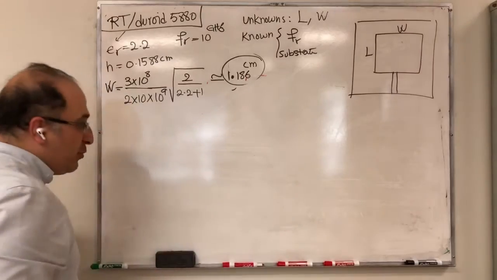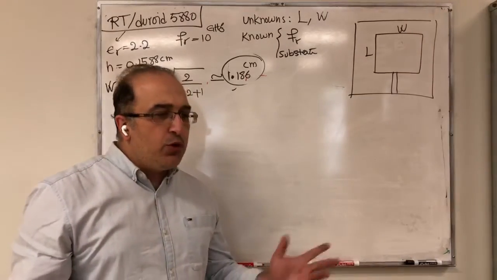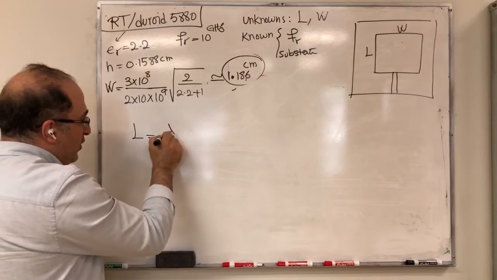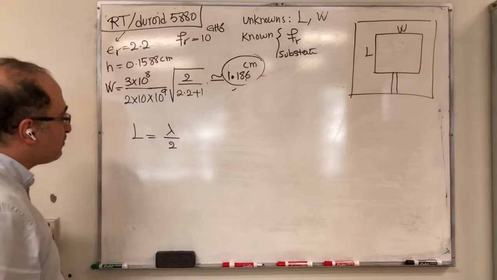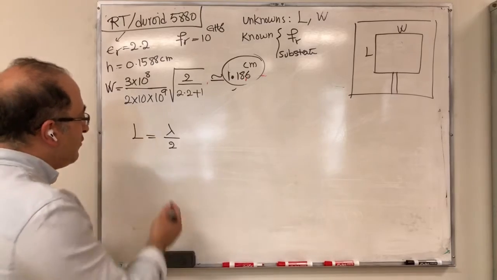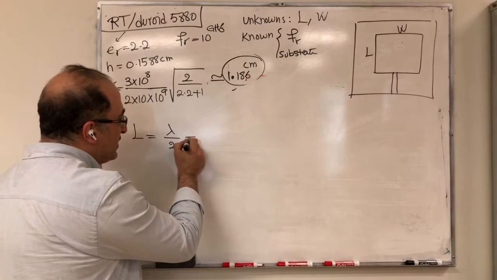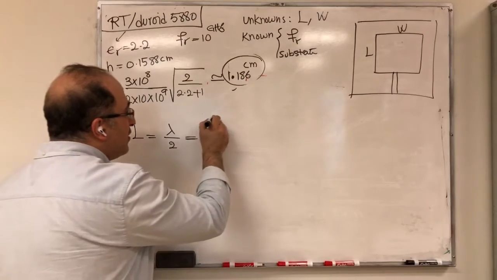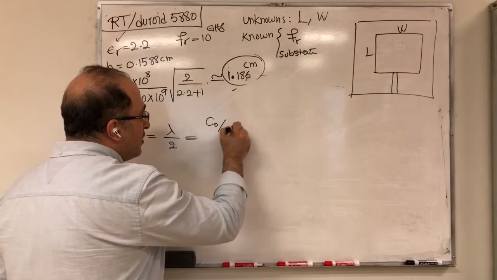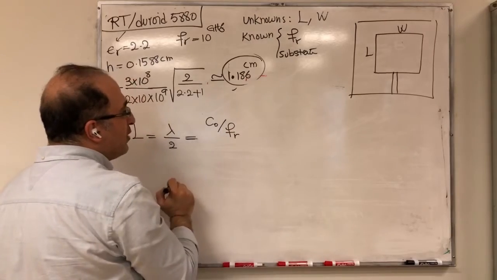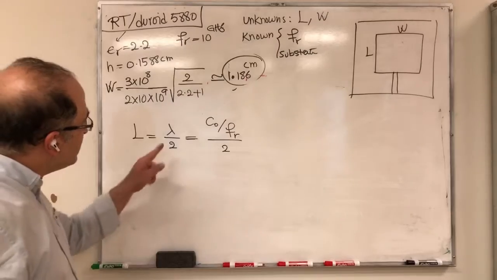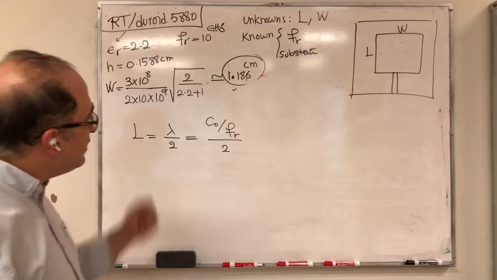Now at this point you might say, Puyan, that should be easy because L is half a wavelength. So if we do something like that, then what is wavelength? Wavelength is velocity of light divided by F, and this is my F divided by 2. But then there is a problem here, because what is this wavelength?